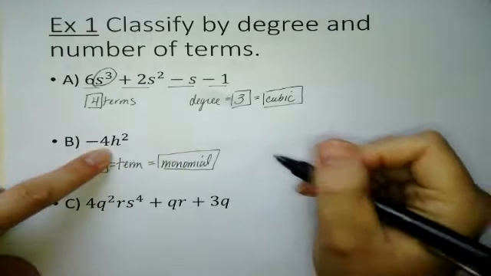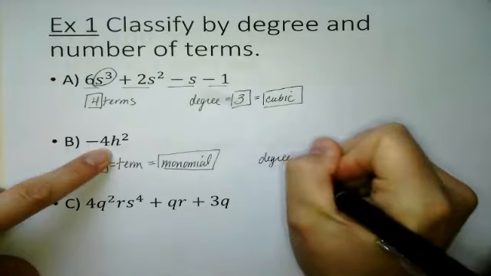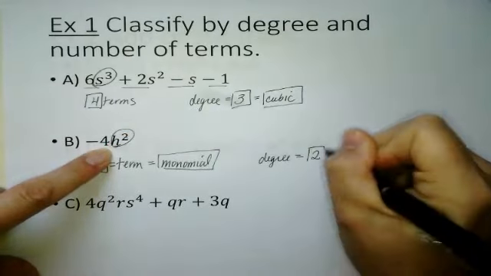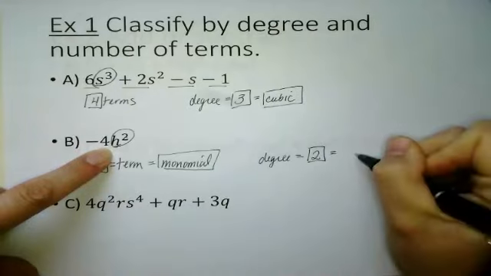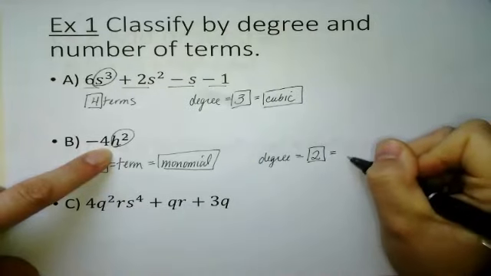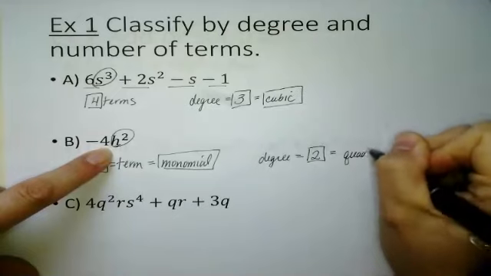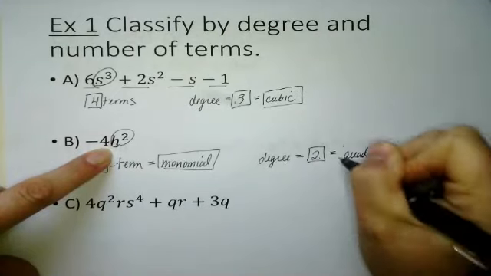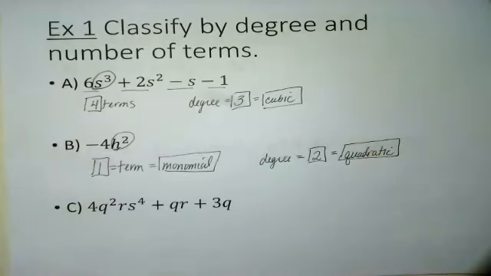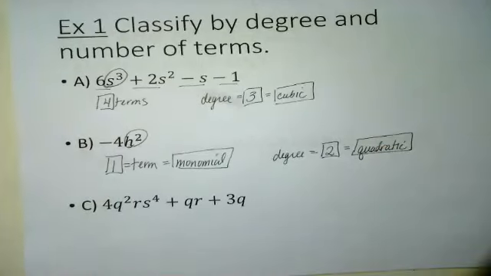And if we want to classify it by degree, the degree is h being squared. So we could have a degree of 2, or the special name, if it's degree 2, is quadratic. Again, any of these words are what you would be selecting or inputting for numbers.